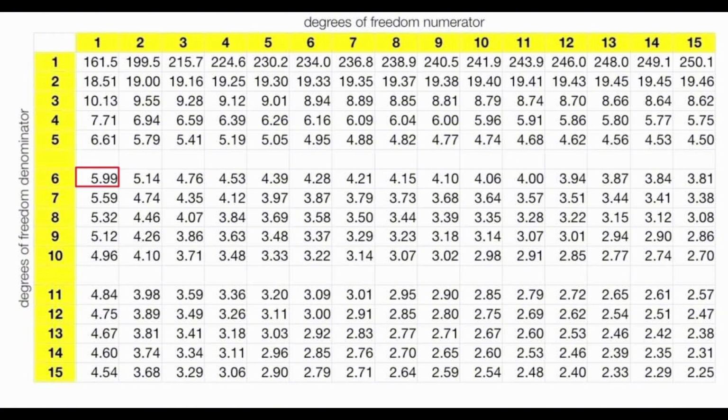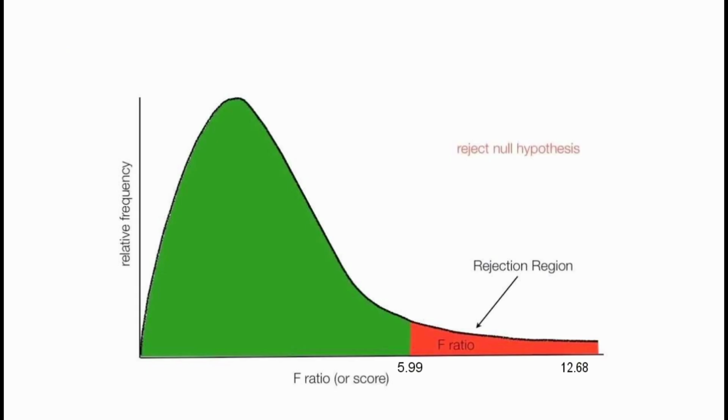So iabot nimo ang numerator 1 o denominator 6. So mao na siya ang 5.99 nga result sa tabular form. So this is our F distribution, where our tabular value is 5.99, and then our F ratio is 12.68. So any score greater than 5.99 will reject the null hypothesis.